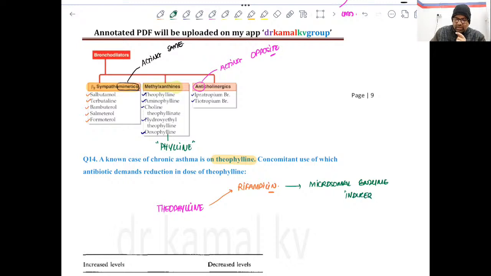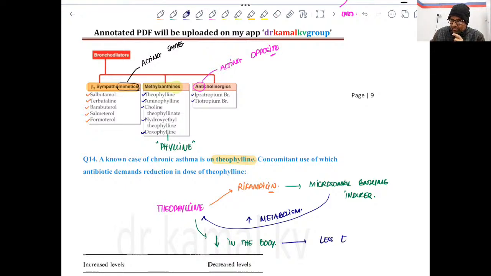By stimulating these enzymes, it will increase the metabolism of theophylline. So the amount of theophylline will decrease in the body because it is being metabolized. When the amount is decreased, the effect will be suboptimal, right? So there will be less effect.